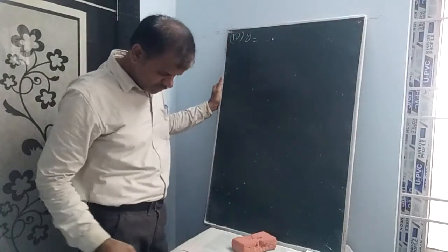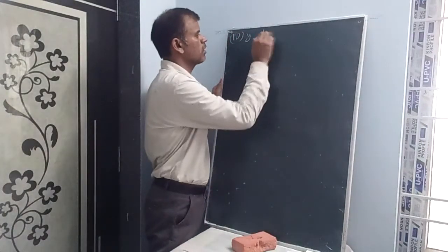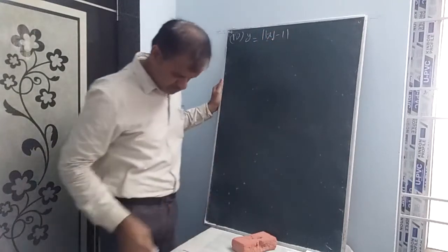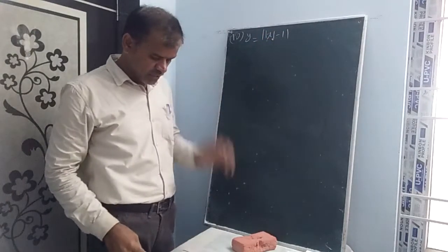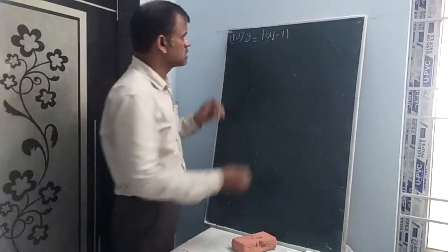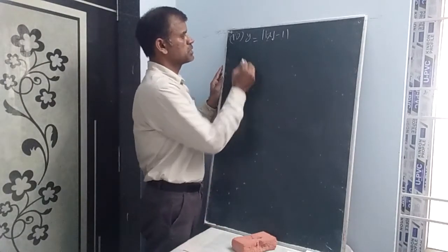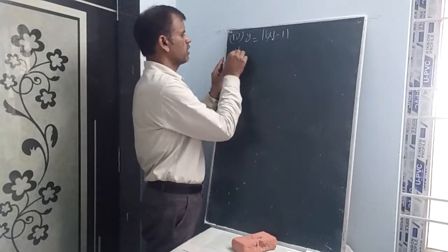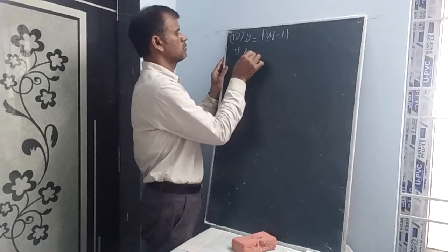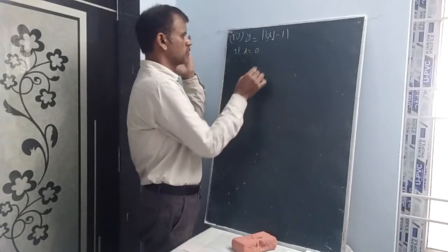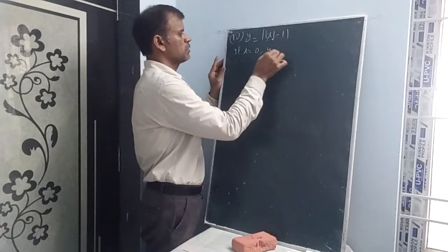The function y equal to modulus of x minus 1 is differentiable for all real numbers except what points? Let us discuss. If x is equal to 0, y is equal to 1.